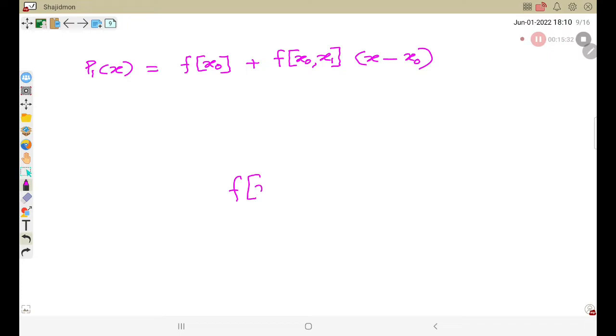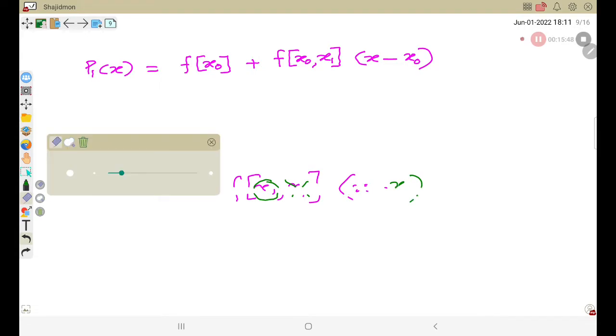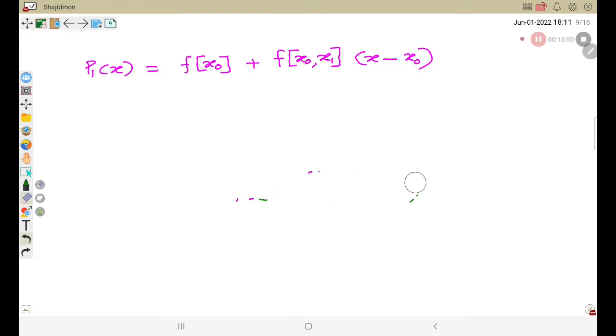See, f of x0 comma x1 multiplied by x minus, the last number we don't take, only take the number before, so x minus x0, like this. So this is the p1 of x, polynomial of degree 1, the divided difference formula p1 of x.